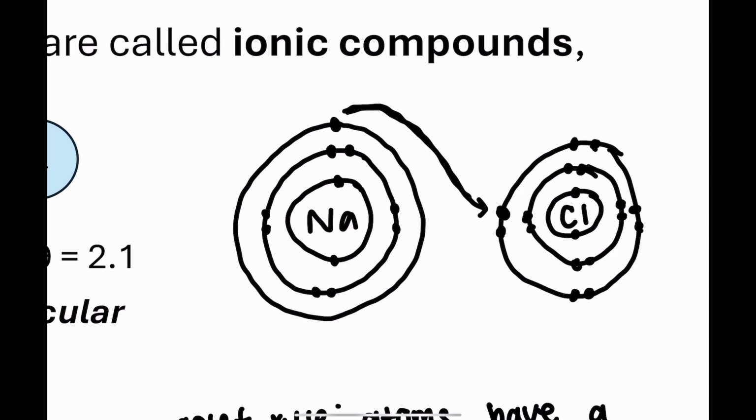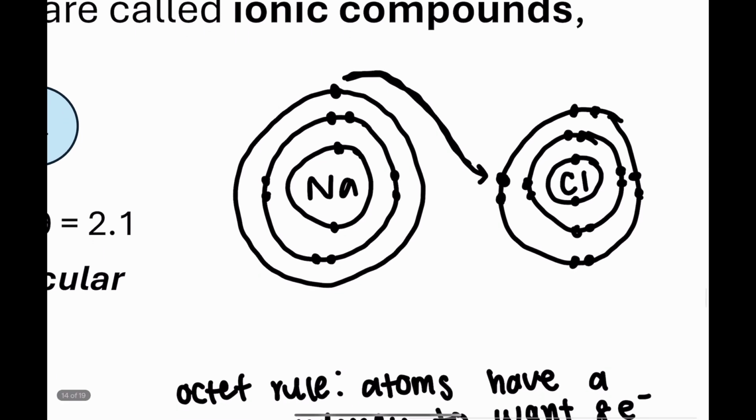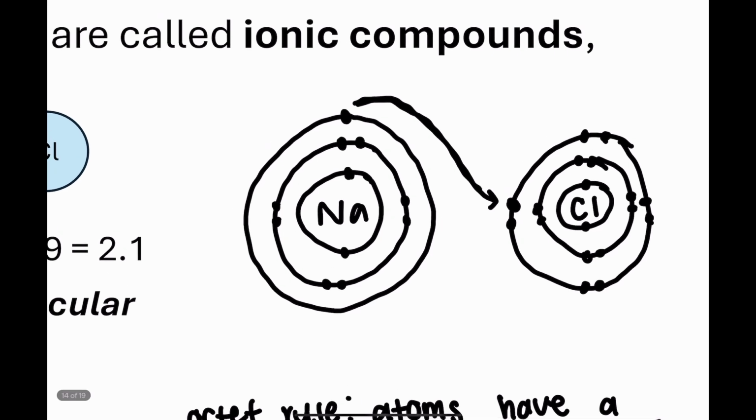After this transfer, because sodium lost an electron, it became a positively charged cation. Cations always have a positive charge because now the sodium has more protons than electrons. Because chlorine gained an electron, it's called an anion, and it's always going to be negatively charged because it now has more electrons than protons.